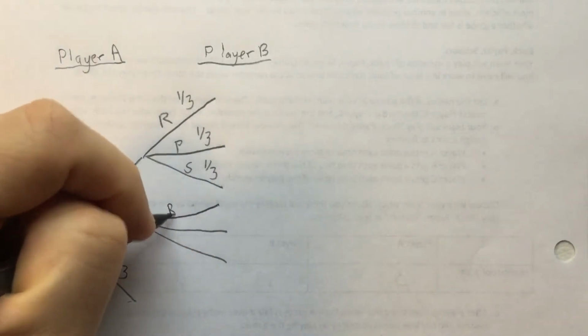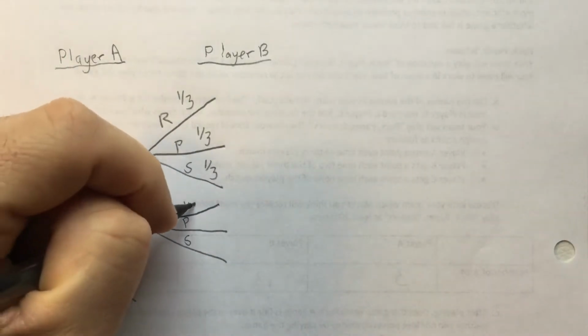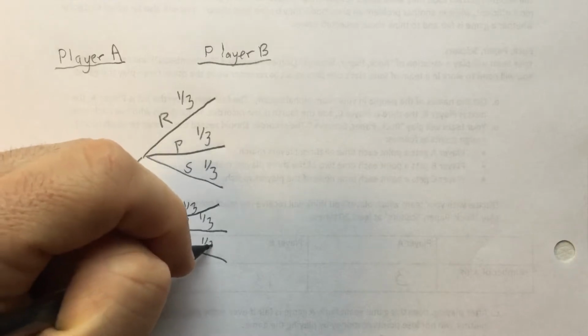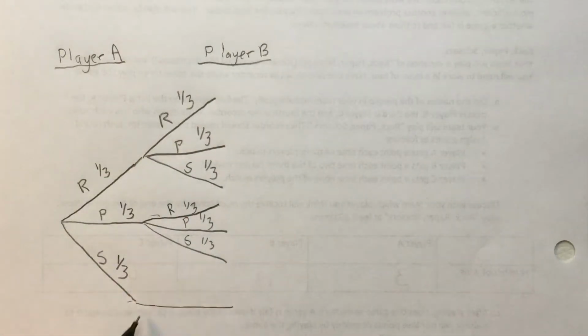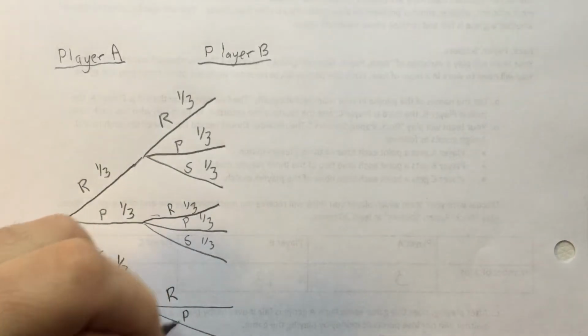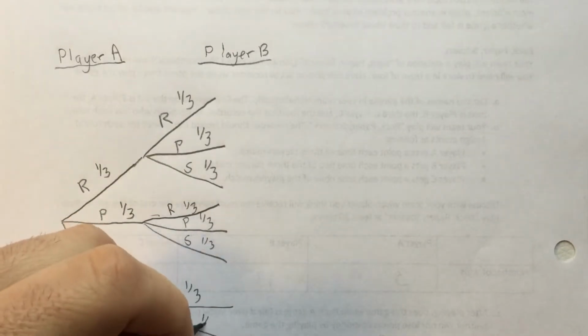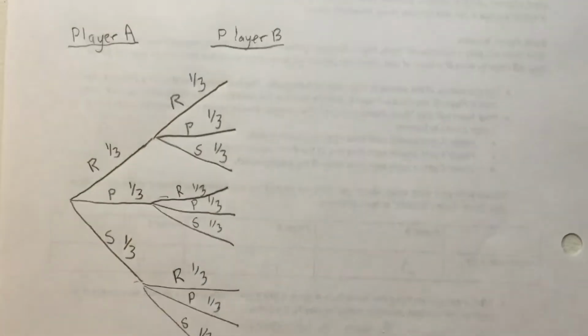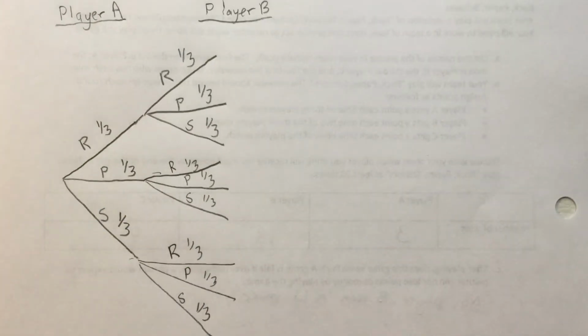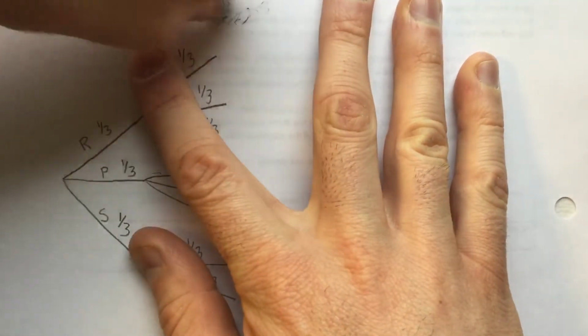So we have rock, paper, scissors, 1/3, 1/3, 1/3, and then also down here, rock, paper, scissors, 1/3, 1/3, and 1/3. Okay, so that was player B. Maybe I should move this over a little.